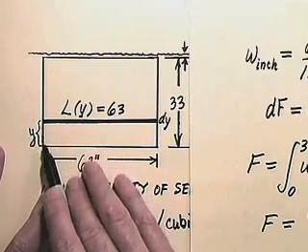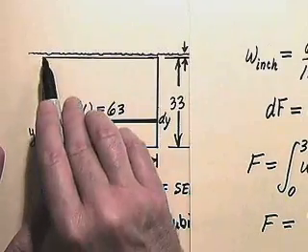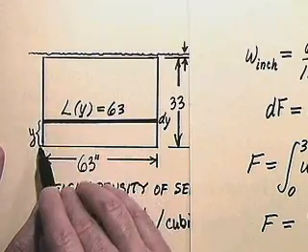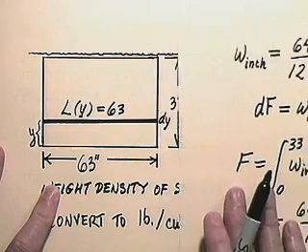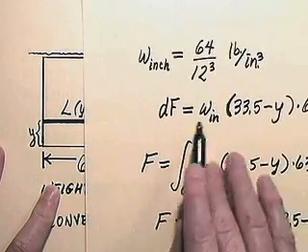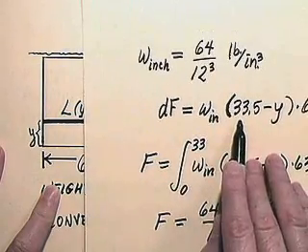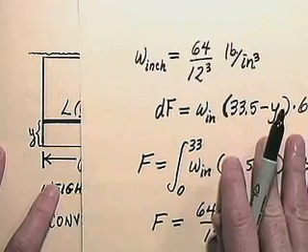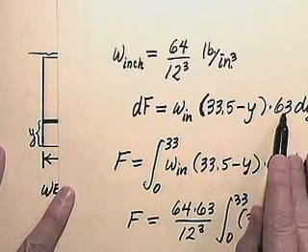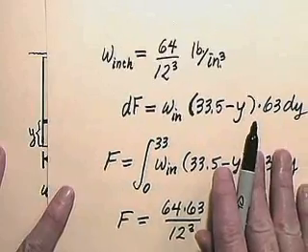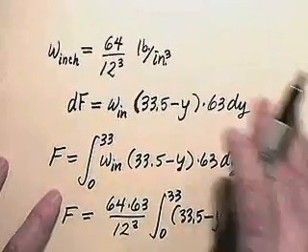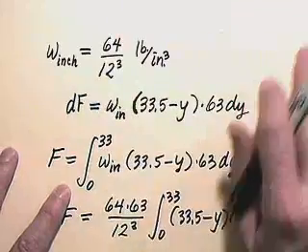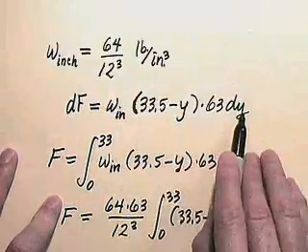Well, if it's y inches from the bottom and it's 33.5 inches from the bottom to the top, then the depth is 33.5 minus y. So we're going to have our weight density of seawater times the 33.5 minus y multiplied by the width L of y, 63, and of course times the little bit of depth dy. And so that's our little bit of force on that little horizontal strip of width dy.